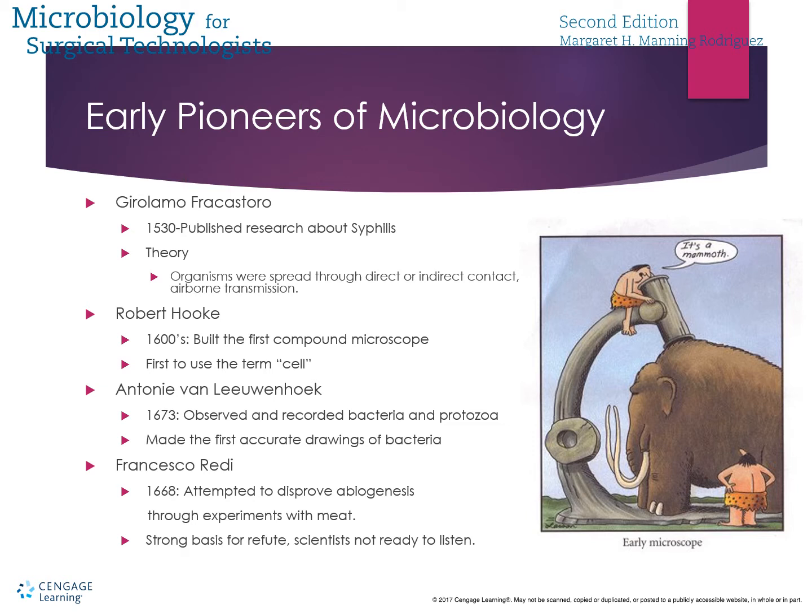And guess what happened? The same thing happened. There were maggots in the open one and nothing that could be visibly seen in the ones that were covered with mesh. So this provided a strong basis for the refuting of abiogenesis by the scientific community. They weren't ready to give up that theory yet, so it would be a little while longer before they would come to the same thinking that Redi had.